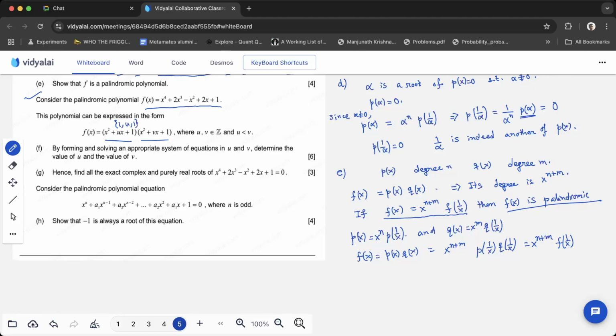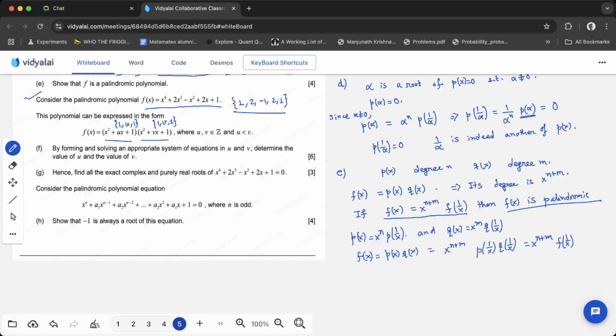So this is palindromic. The second factor has coefficients 1, v, 1. This is also palindromic. And f of x has 1, 2, minus 1, 2, 1. So f of x, being the product of two palindromic polynomials, is again palindromic, because this sequence is also palindromic.